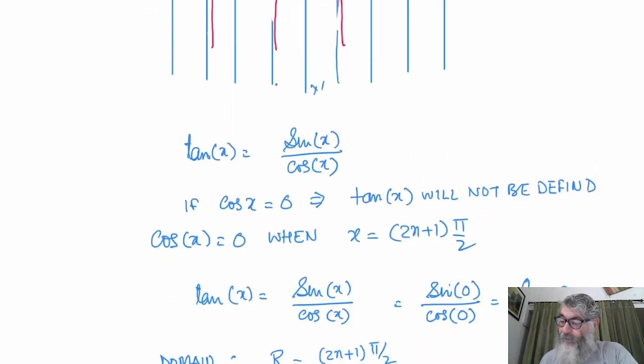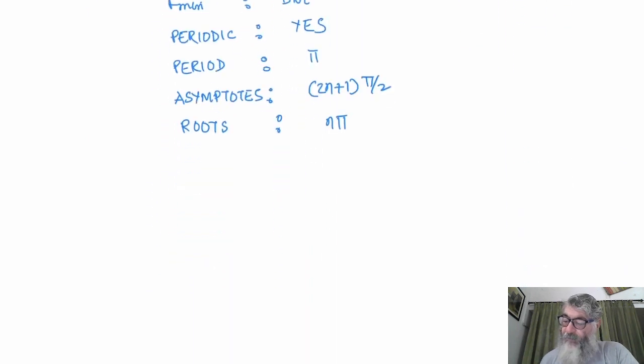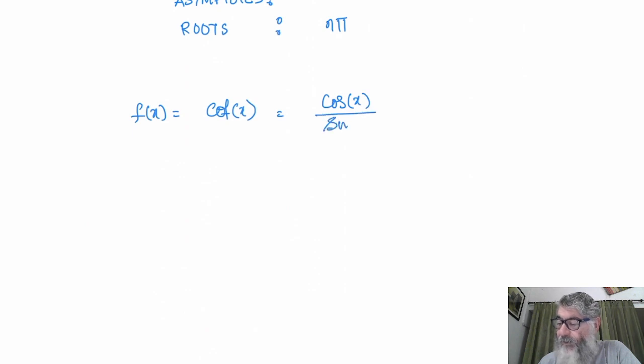Now let us see cot x. f(x) is equal to cot x. Now let me tell you, cot x is cos x upon sin x.